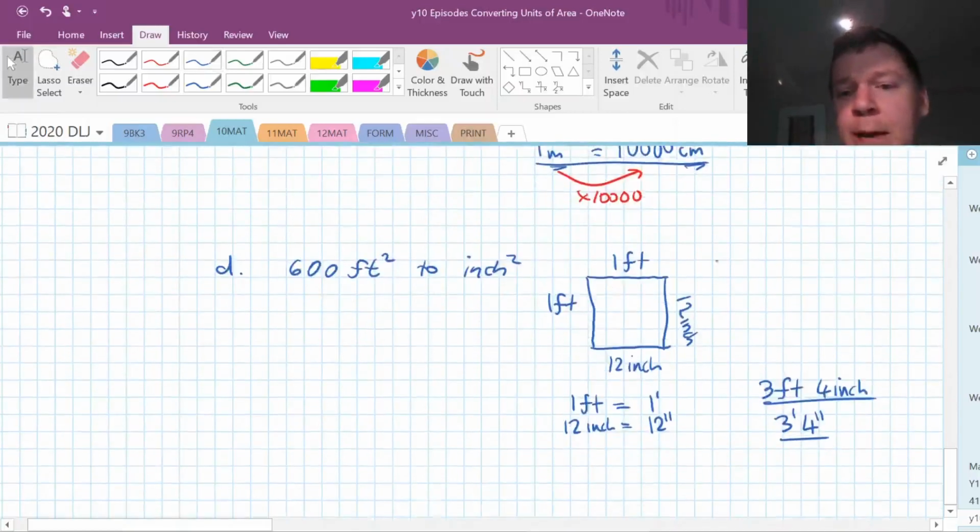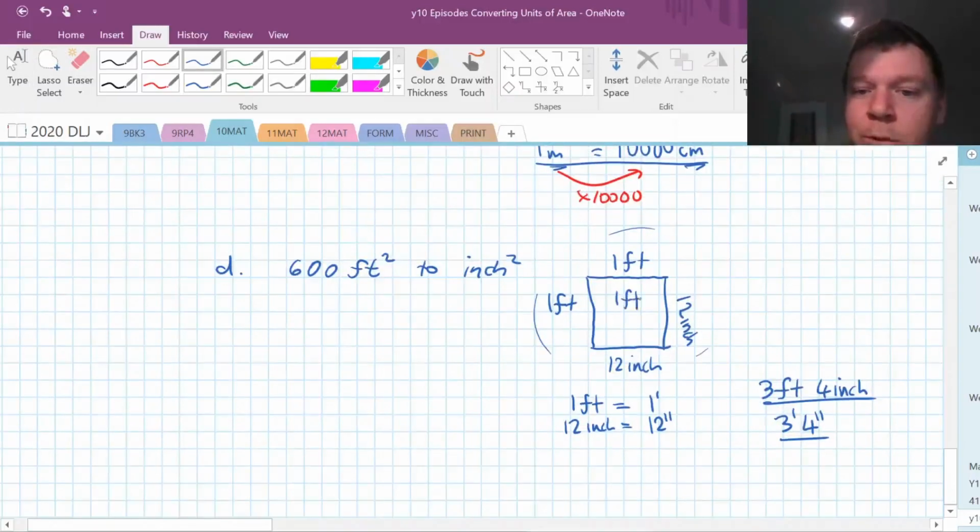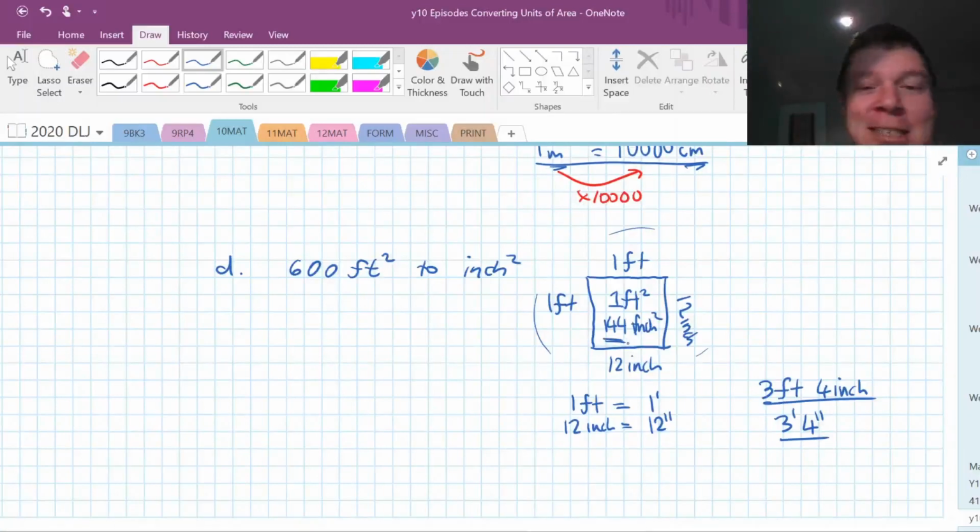But anyway, back up to our square. So this square is 1 foot squared, but it's also 144 inches squared, because 12 times 12 is 144. They are basically using Subway sandwiches to measure things.